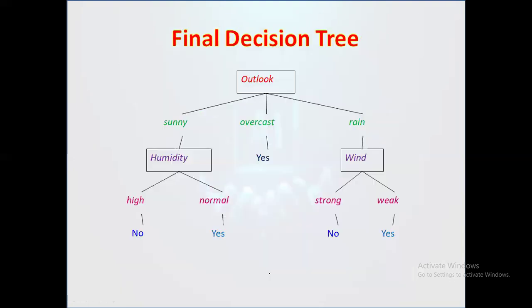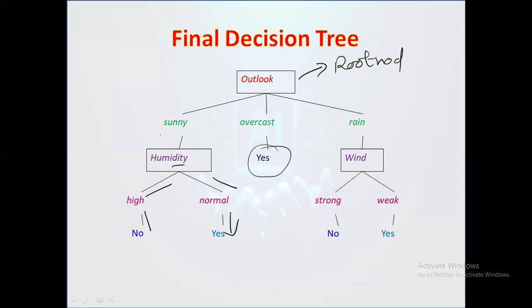So based on that, we form the tree. This is the root node, and for overcast we found the value is yes. For sunny we have got various values, humidity and wind. For humidity, high is no and normal is yes.